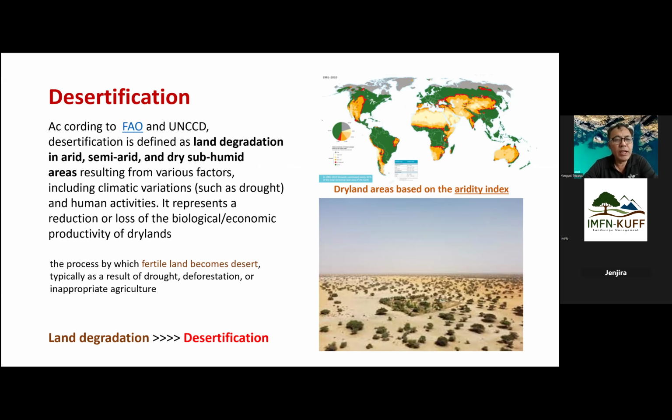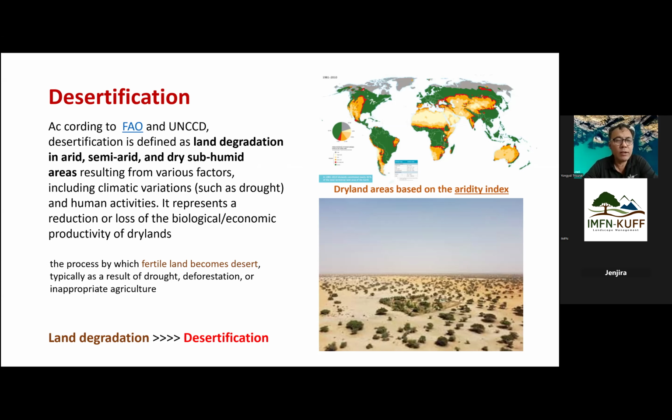But according to the FAO and UNCCD, desertification is defined as land degradation in arid, semi-arid, and dry sub-humid areas, resulting from various factors such as climate variation or extreme drought, and human activities, and it also represents the reduction or loss of biological and economic productivity of crops in Thailand.